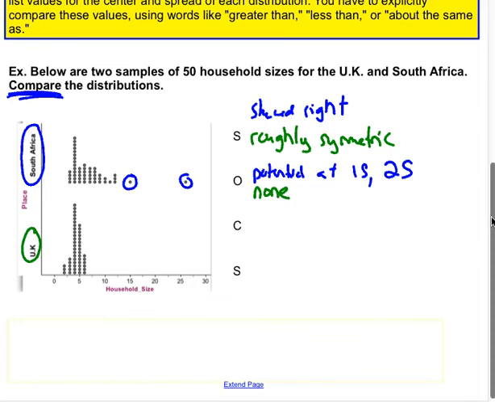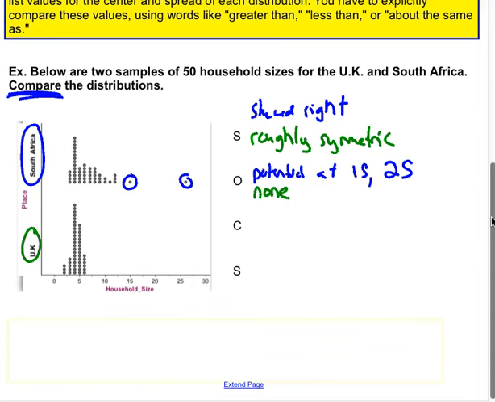Center. Well, this time there are 50 data points here. So 50, that's an even number, so it means the median is going to be in between the halfway point and the next data point. So as I'm counting up, it's going to be between the 25th and 26th data points.